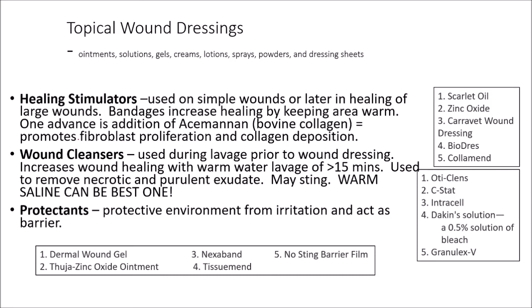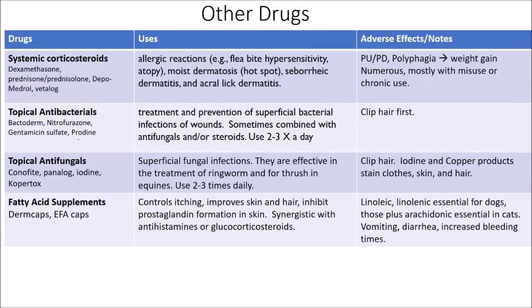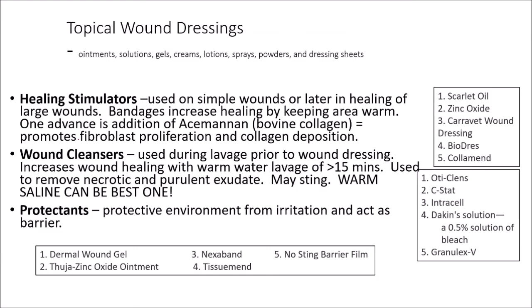They may clean the wound and therefore allow more quickly for it to heal, but if we have a clean wound, then it's best not to use a lot of stuff. Some healing stimulators would be scarlet oil, zinc oxide, Caravet wound dressing, Biodress, and Colamend, adding collagen to the wound.